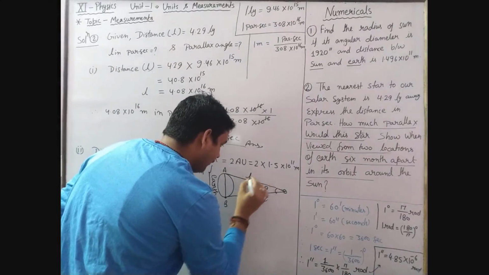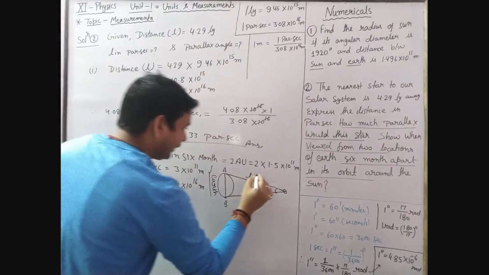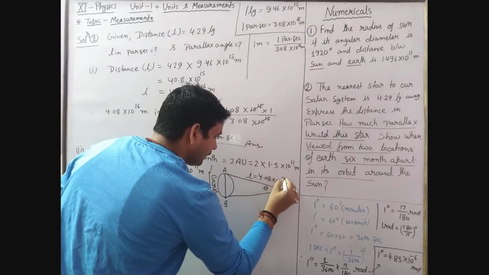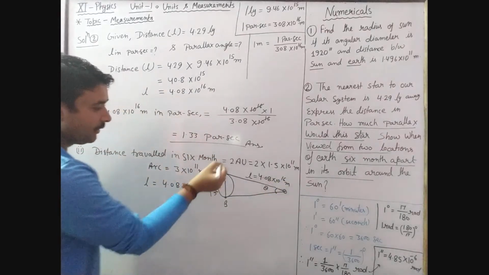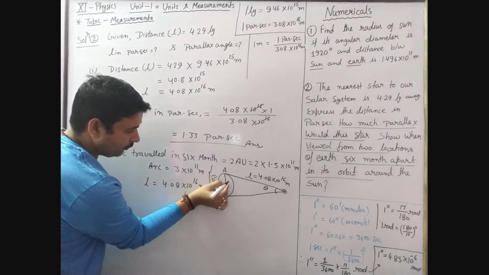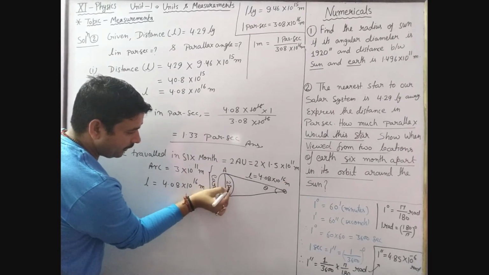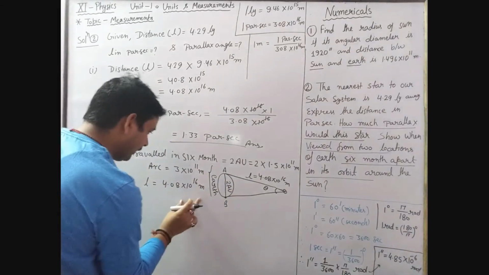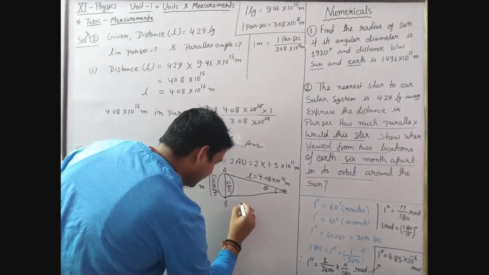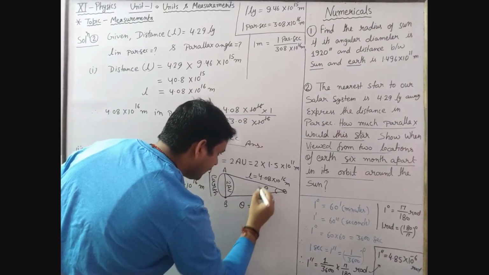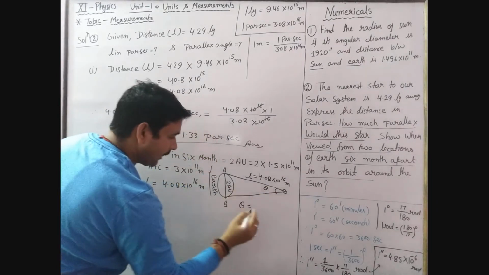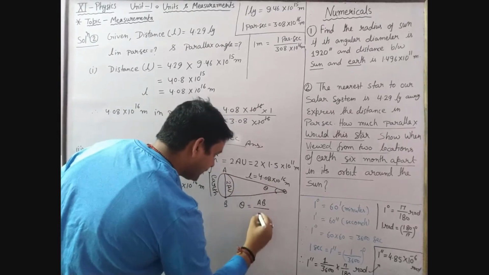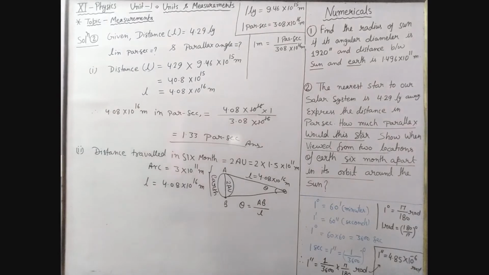We have L calculated as 4.08 into 10 to the power 16 meter, and this arc is equal to 2 AU. Therefore we have theta is equal to arc AB upon radius L.